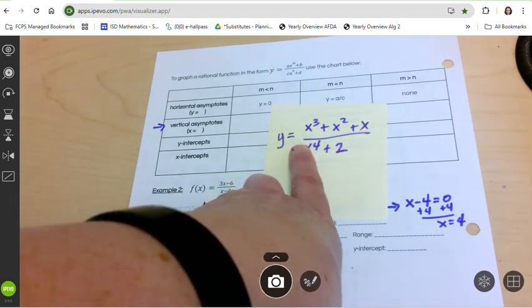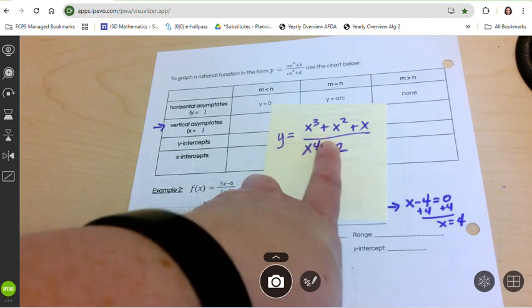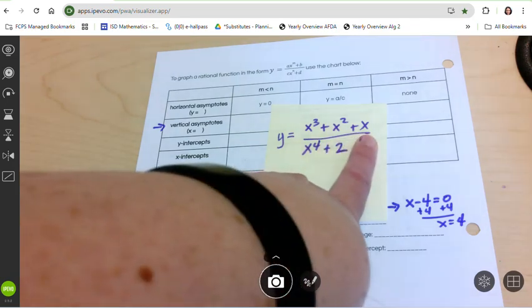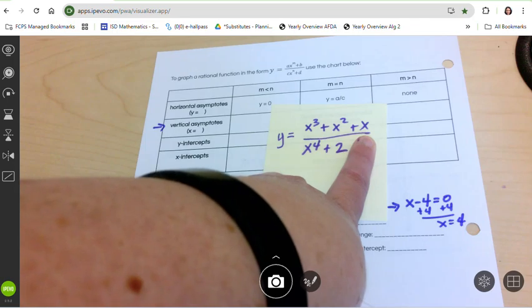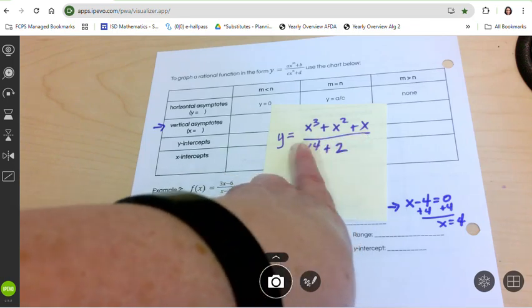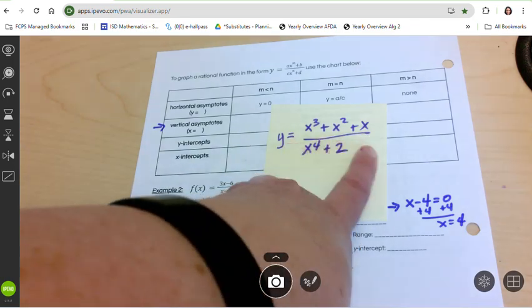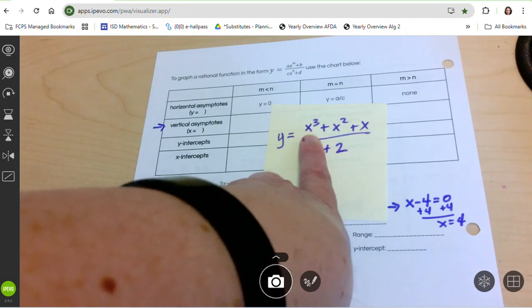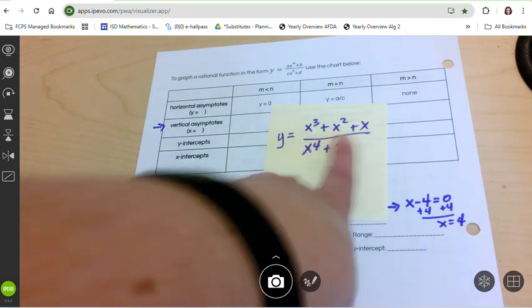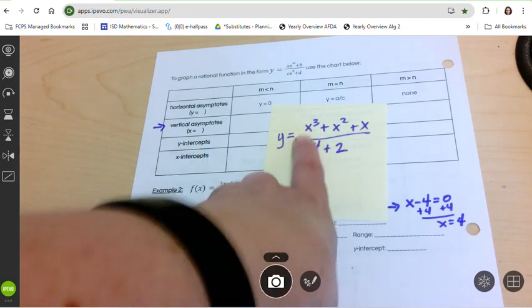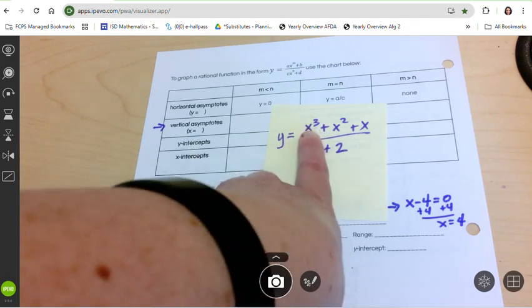Infinity to the 3, infinity to the 2, or just the plain old infinity? Which one is going to affect your graph the most? Infinity to the 3, right? Because that's infinity cubed. That's like the biggest infinity of all of the infinities here. This one is going to be the most important.